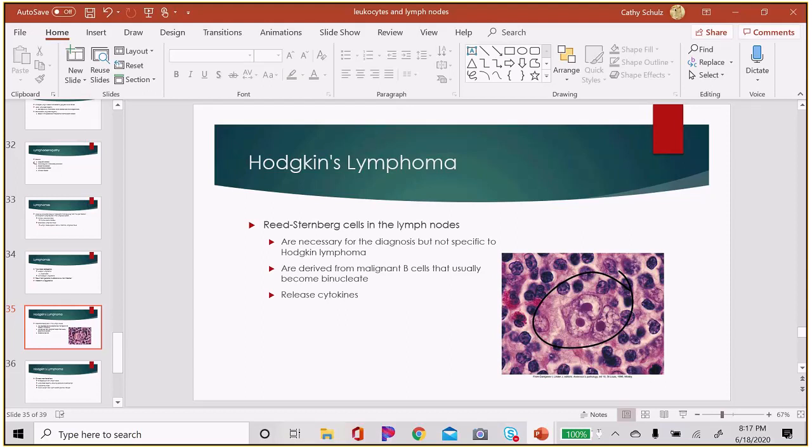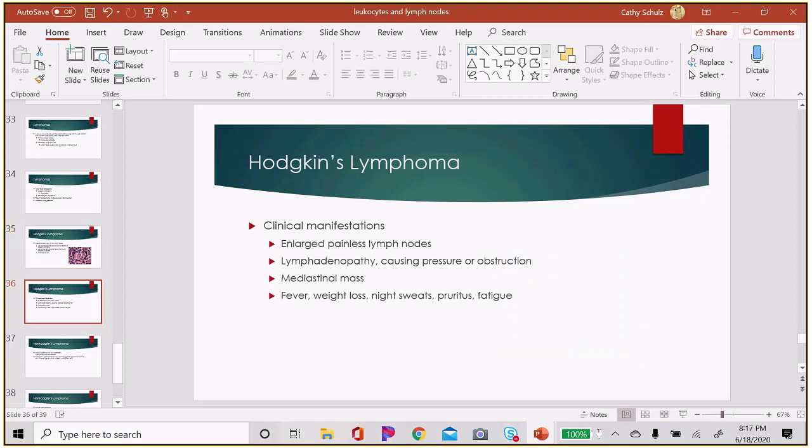That cell change is derived from malignant B cells. And there is a release of cytokines with the production of these Reed-Sternberg cells, so that is one of the reasons why people with lymphomas will have fevers and night sweats.